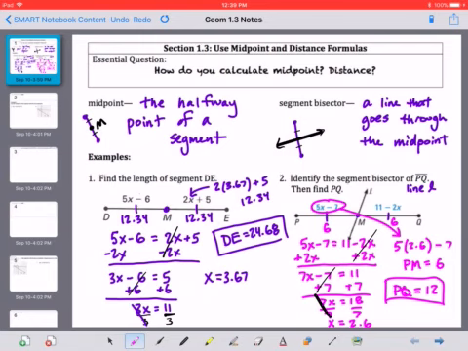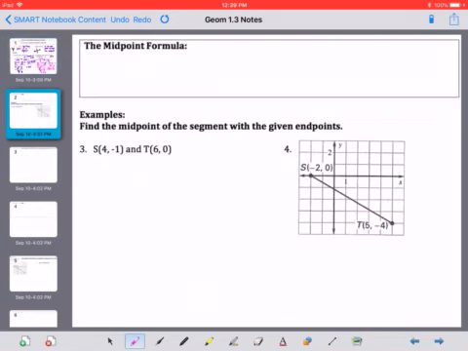Now we're going to see how we can actually calculate where that midpoint is if we know where 2 points are on a graph. This formula is telling us we add the x coordinates and divide by 2, and then we add the y coordinates and divide by 2.